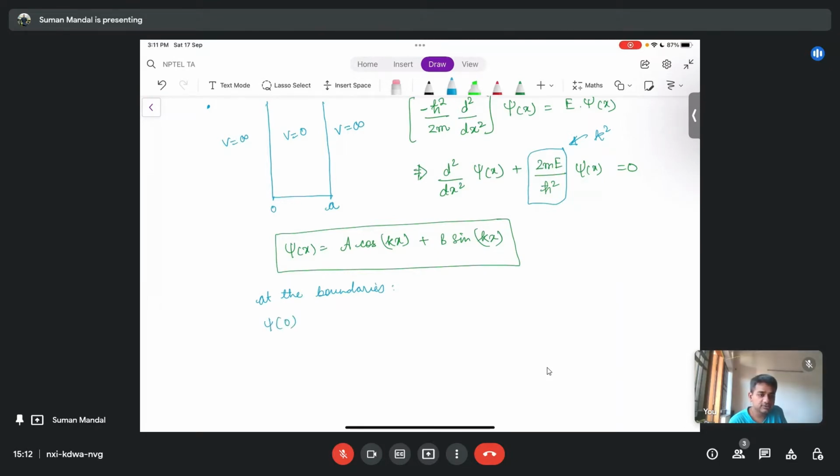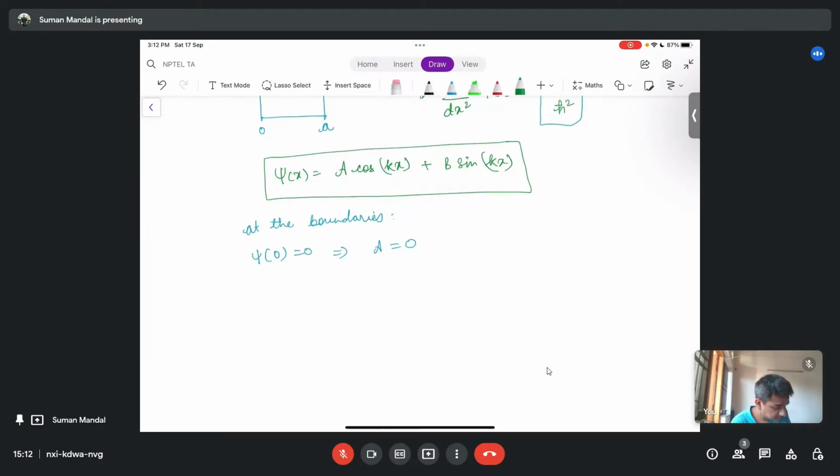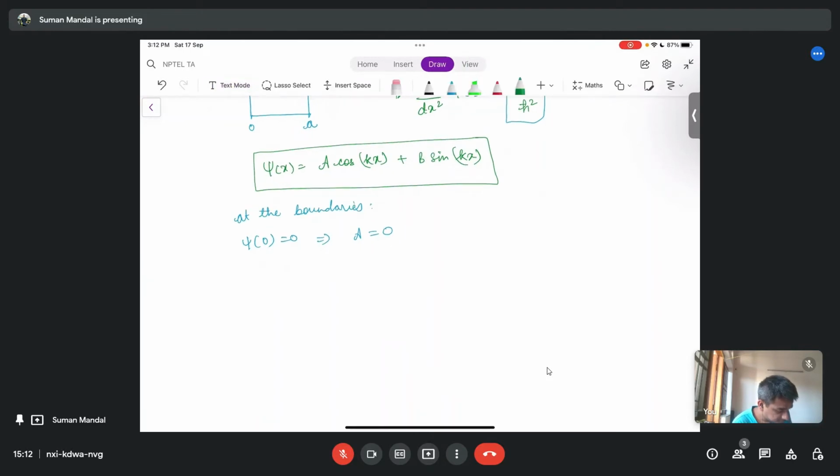The cos of 0 is 1, and so A must be 0. Since sine of 0 is already 0, we do not know the value of B. So now we know that the wave function is of the form B sin kx.